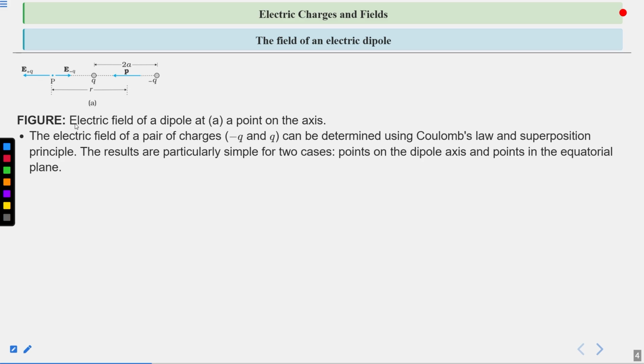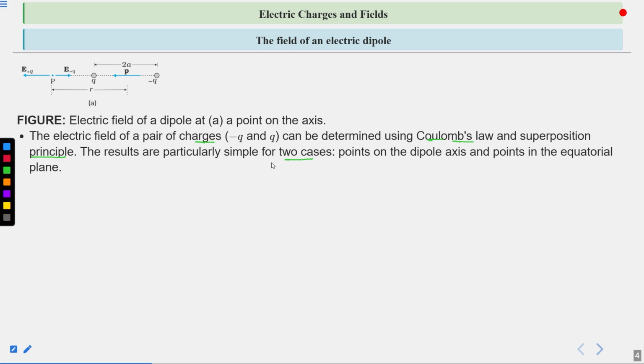Now the electric field of a pair of charges, minus q and plus q, can be determined using Coulomb's law and another principle, the superposition principle. The results are particularly simple for two cases.